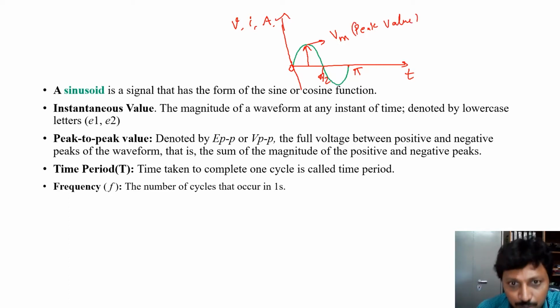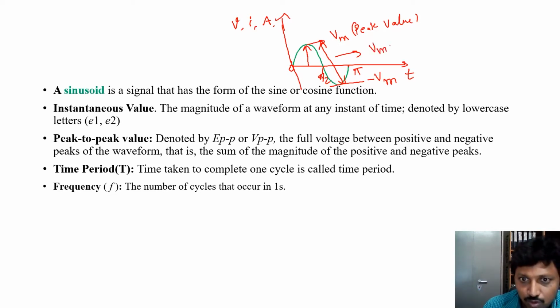It is the peak amplitude of this positive cycle. You also see there is a negative peak here. From the negative peak to the positive peak, we say peak to peak.